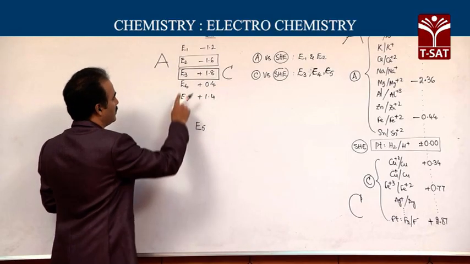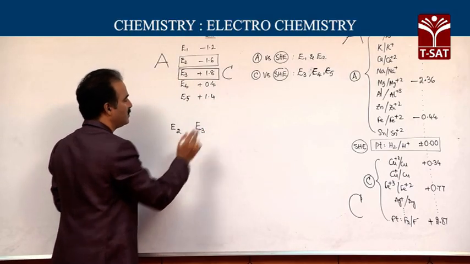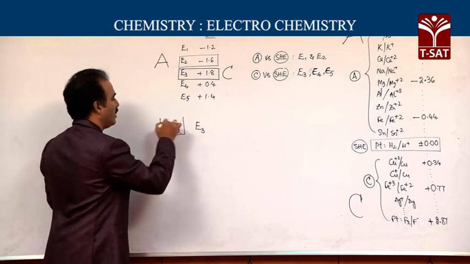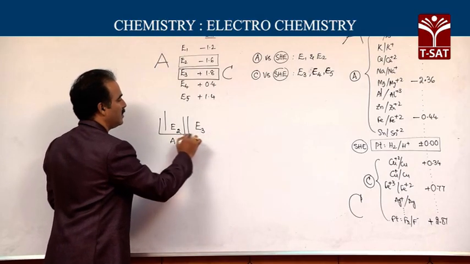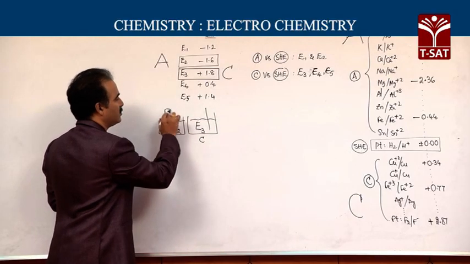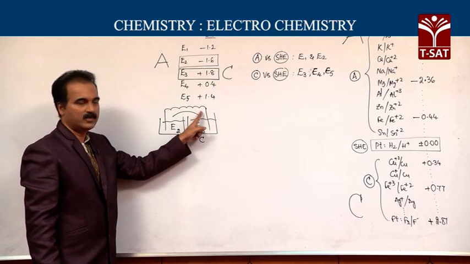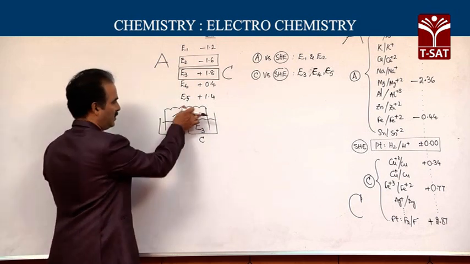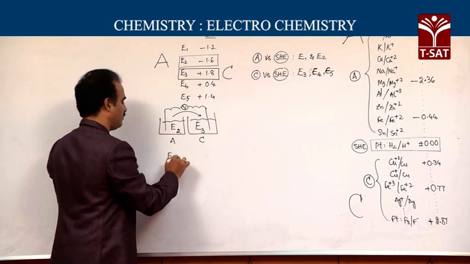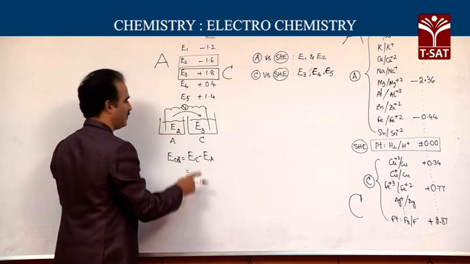Now suppose you select E1, E2 and E3, then what is their ability to act as? E2 has greater ability to act as anode and E3 has the greater ability to act as cathode. When you connect such two electrodes, a greater EMF is produced between the two half cells. The EMF of the cell is equal to E of cathode minus E of anode.